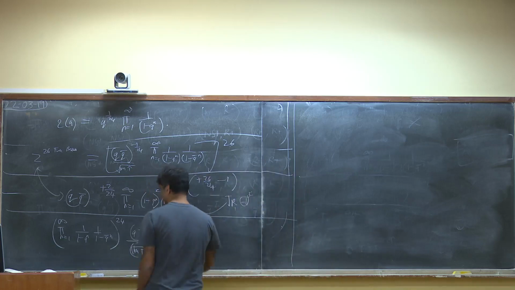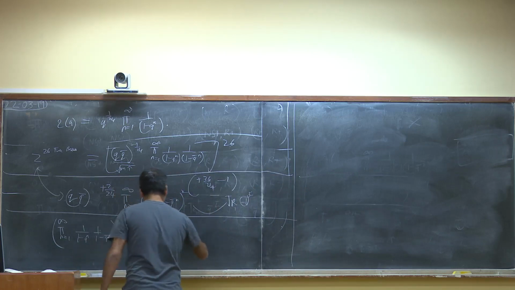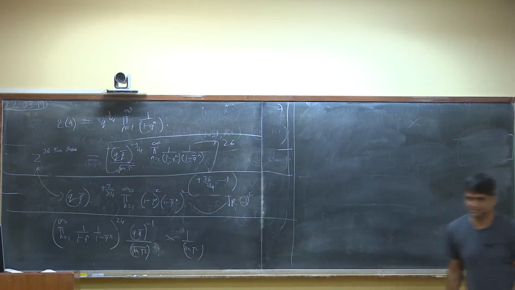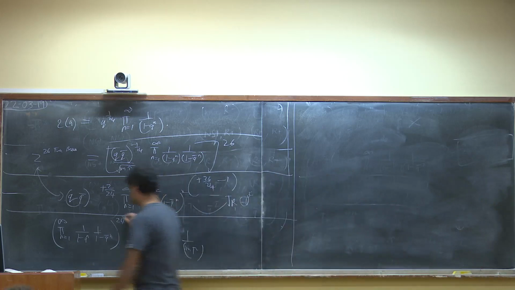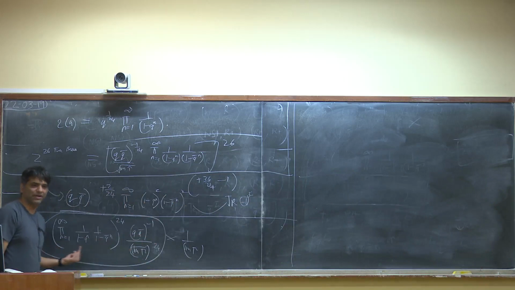This we'll write as 24 times 1 by im tau. Because as Yankee observed, it was just that 13. So we made it 12 and then 14. Now, this is precisely the combination needed to make the whole thing modular invariant.